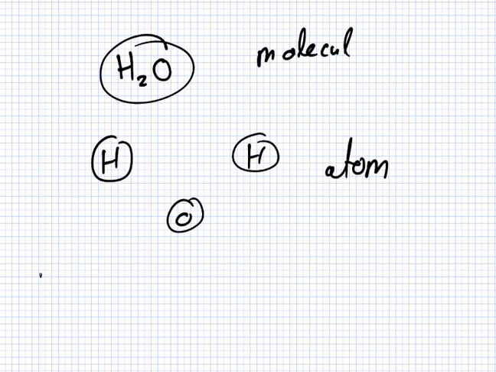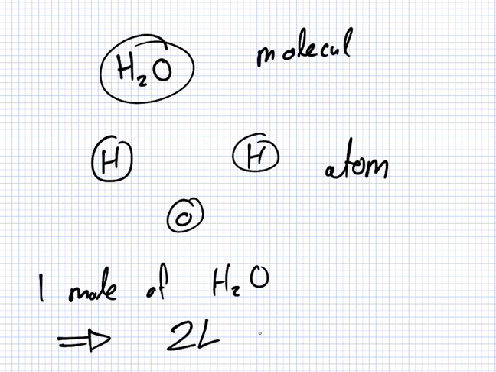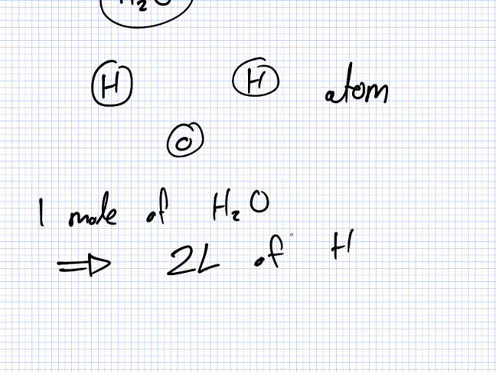So if I have 1 mole of H2O, how many hydrogens do I have? I have 2 moles of hydrogen. And how many oxygens? I'd have 1 mole of oxygens. So be careful here with molecule and atom, okay?